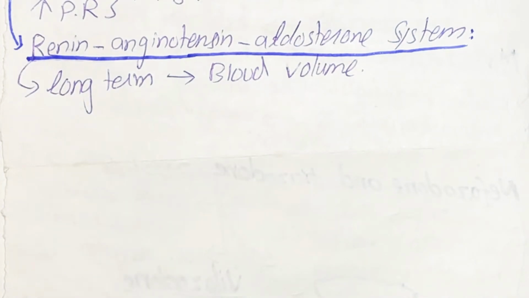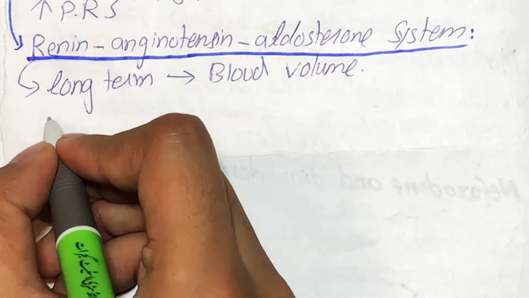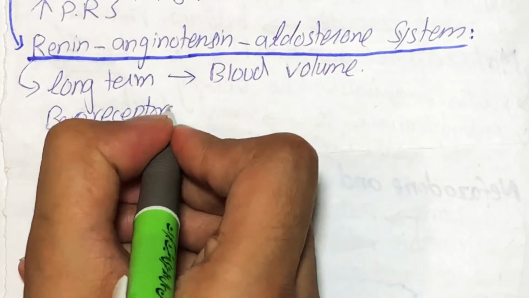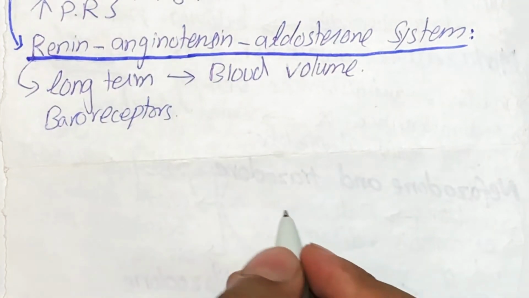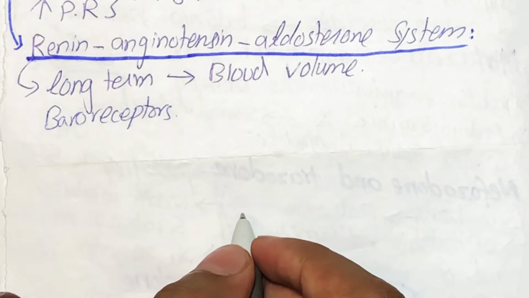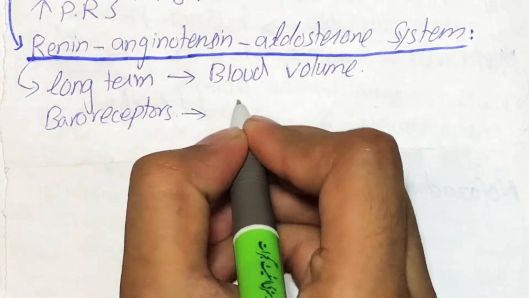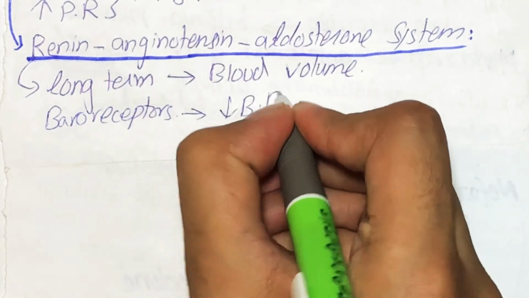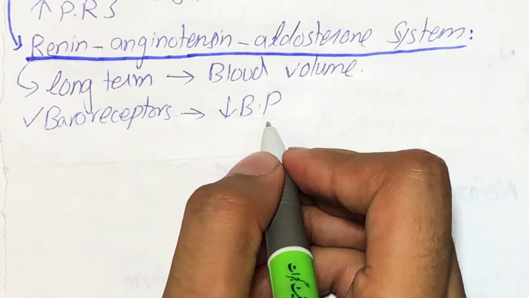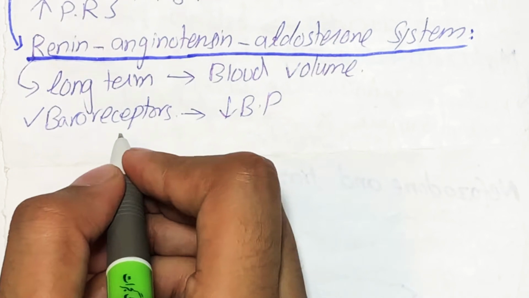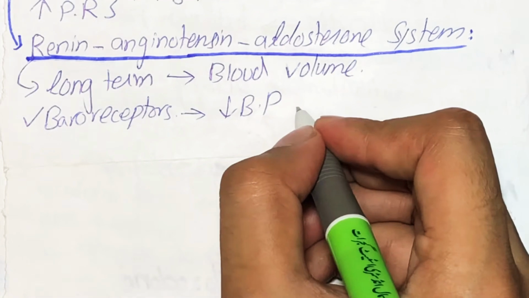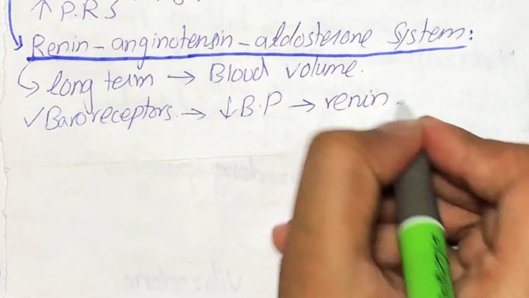There are also baroreceptors in the kidney, which are pressure sensitive neurons. So when there is a decrease in arterial blood pressure, what happens? These baroreceptors are activated, and when these blood pressure sensitive receptors are activated, they cause the release of an enzyme called renin.